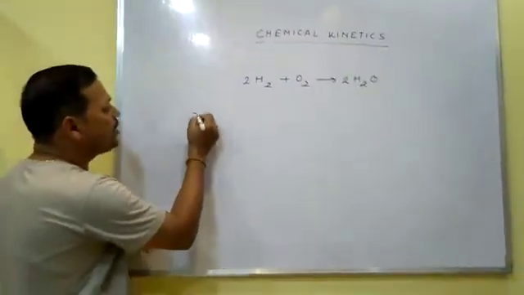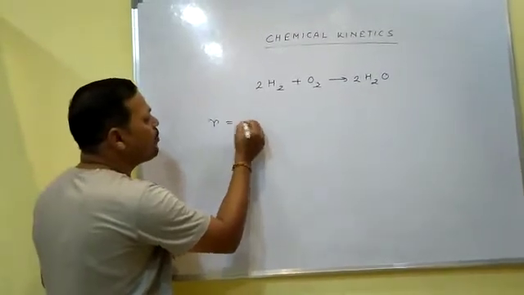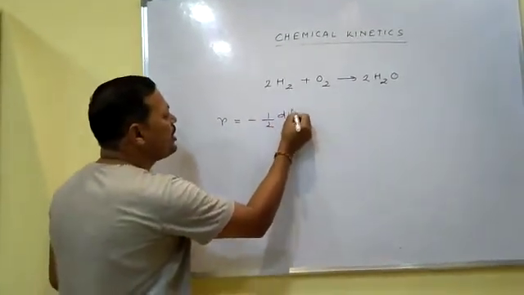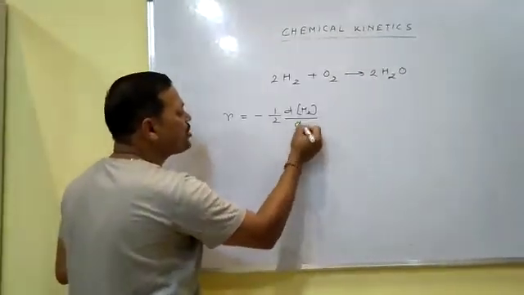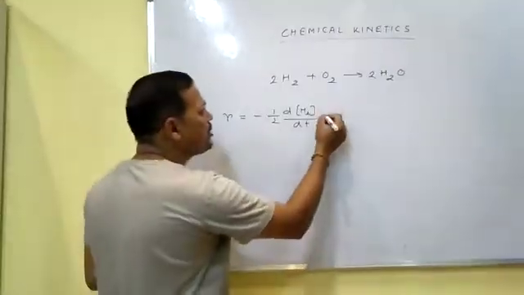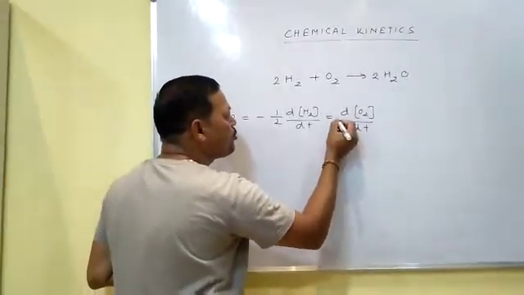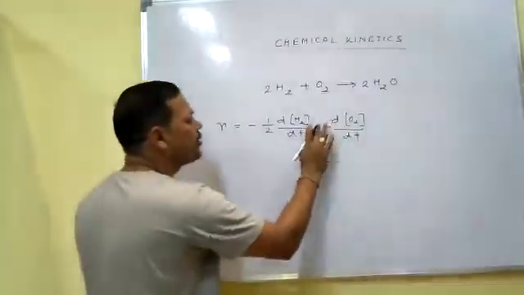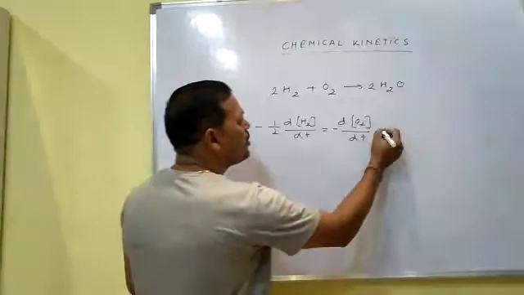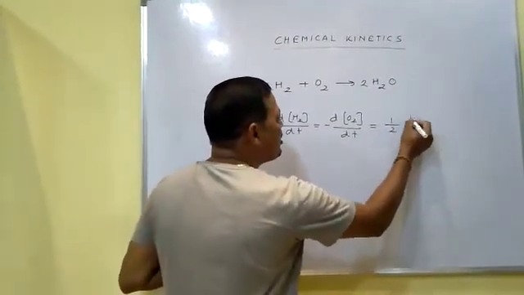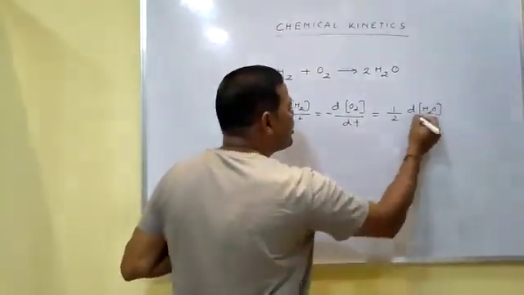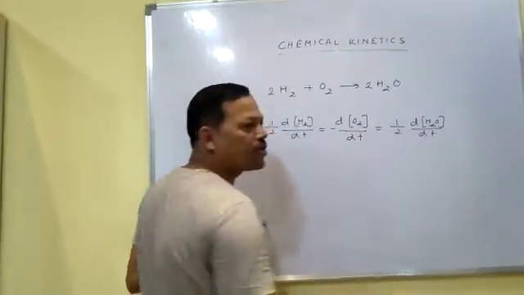If you want to write the expression, R is equal to minus half of dH2 by dt, I mean change of concentration of hydrogen with respect to time. This is equal to minus dO2 by dt. Here you have to put a minus sign because it is also a reactant. This is equal to half of dH2O by dt, change of concentration of water with respect to time.